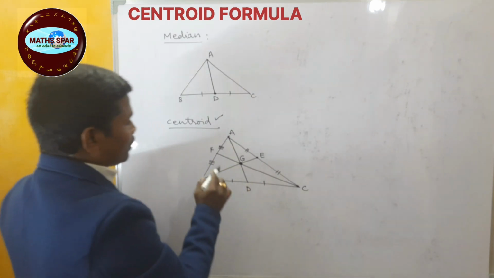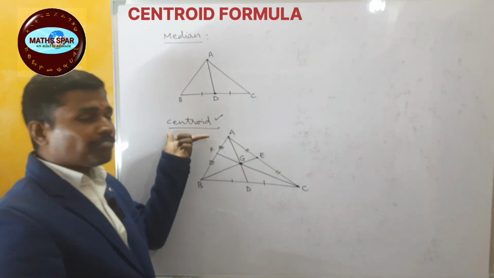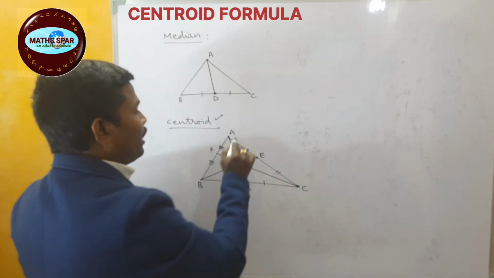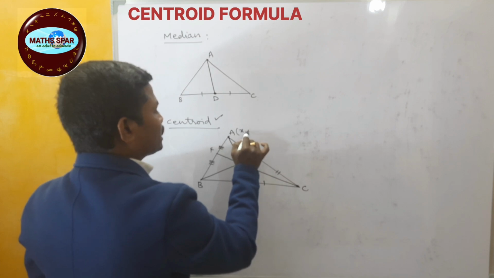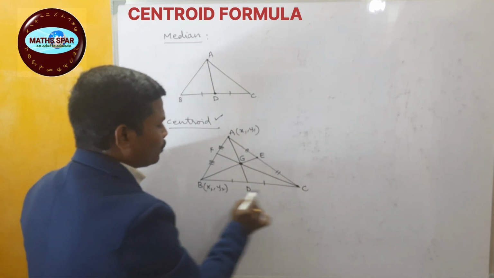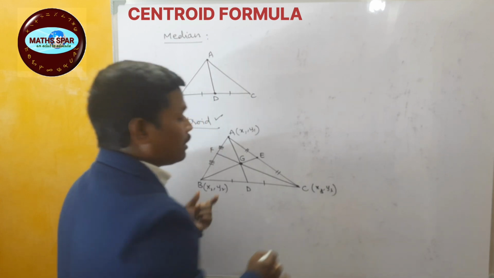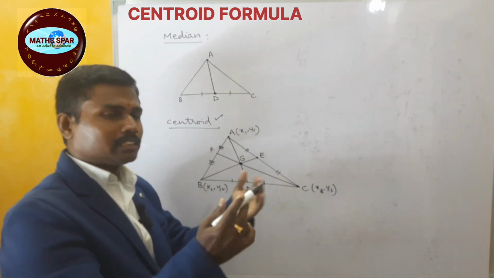G. So how do we find the formula for this centroid when three vertices x1, y1, x2, y2 and x3, y3 are given? Let us see.